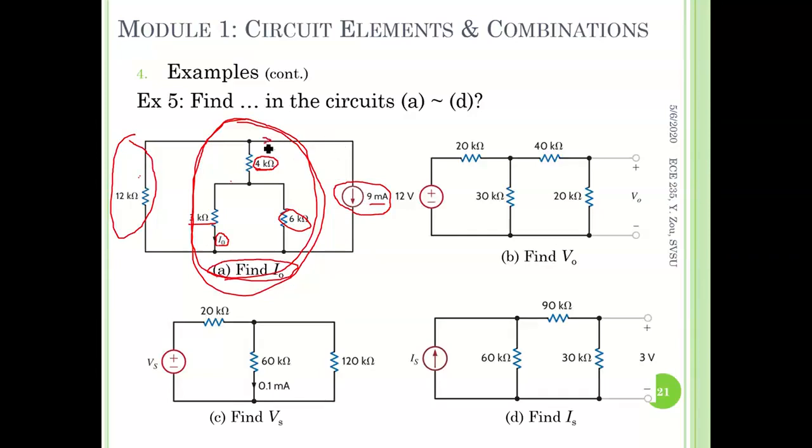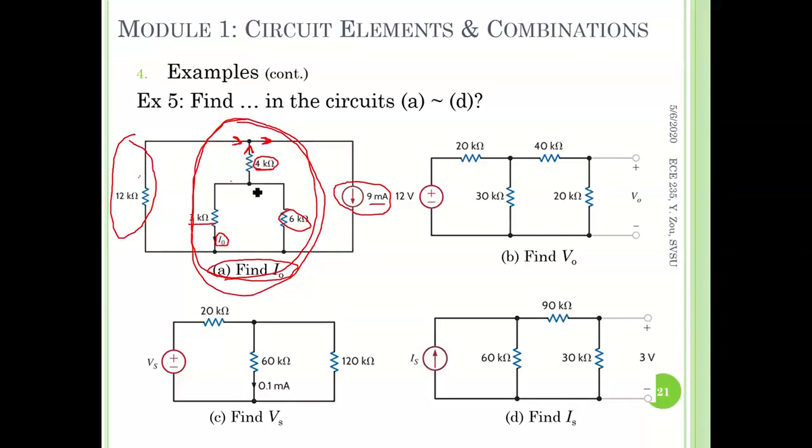So from here, the current of this 9 milliampere is towards right. Therefore, the current of 4K is upward, the current of 12K is towards right as well. Does it make sense? So the sum of these 2 currents equals this current. And this is how I judge the current direction of 4K.